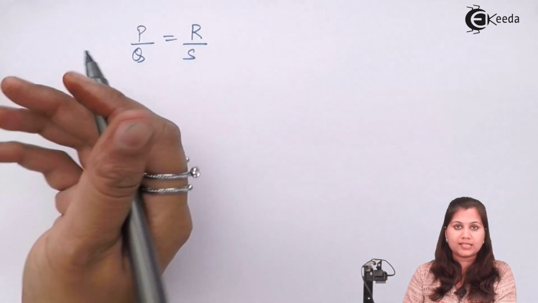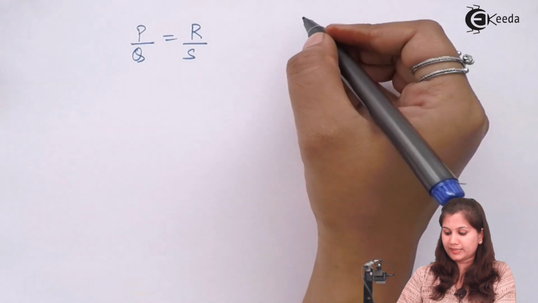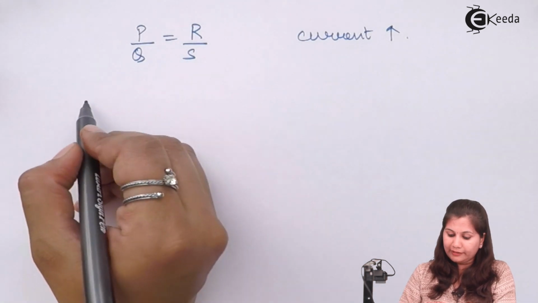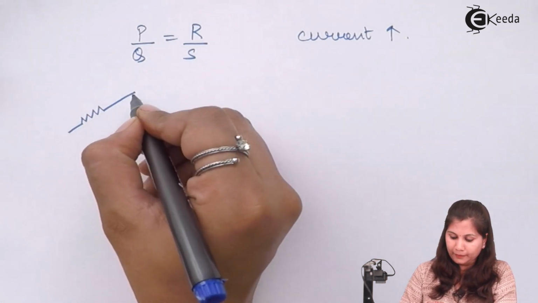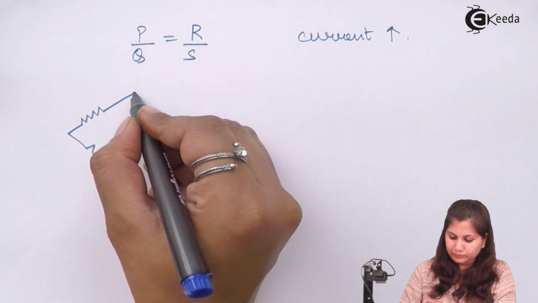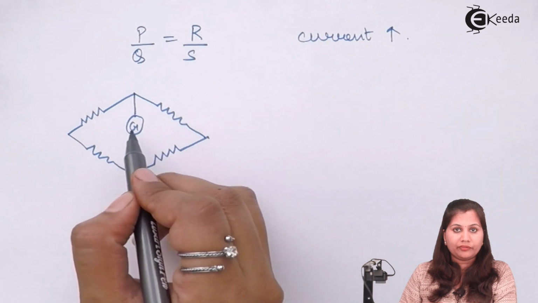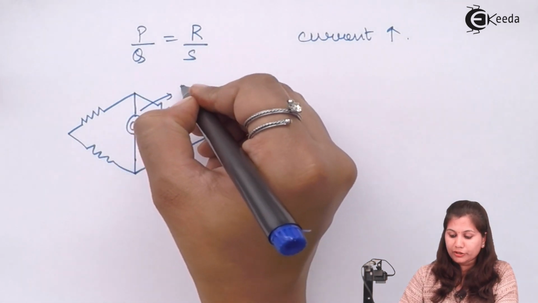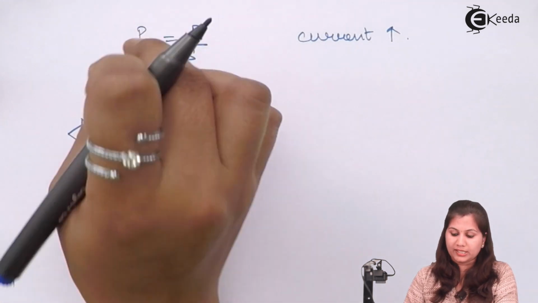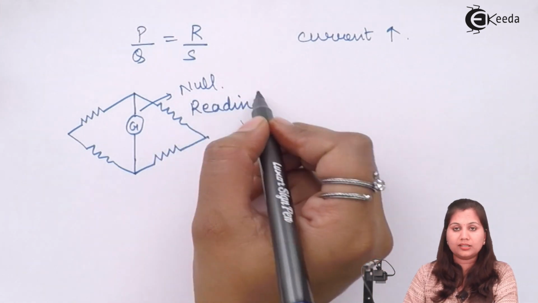Now as one of the resistances is this resistive hygrometer and its resistance is decreasing, decreasing resistance causes an increase in the flow of current. So the galvanometer, which was earlier showing null deflection because the bridge was balanced, due to the change in resistance is going to give us a reading of the current flowing in the circuit.